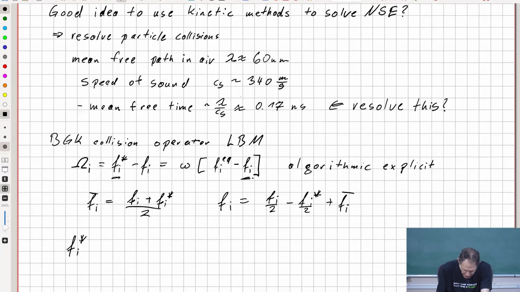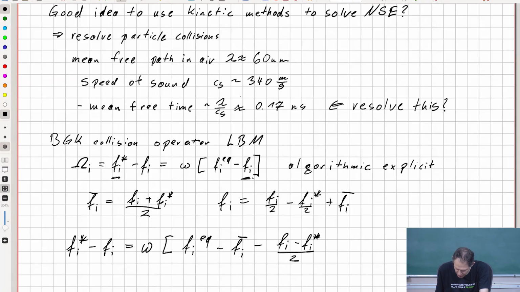Now I can plug this into this position here to see that I get Fi, so the collision here is omega times (Fi eq minus Fi over bar minus (Fi minus Fi star) divided by 1/2). Then I bring this to the other side, so now this is implicit, right?